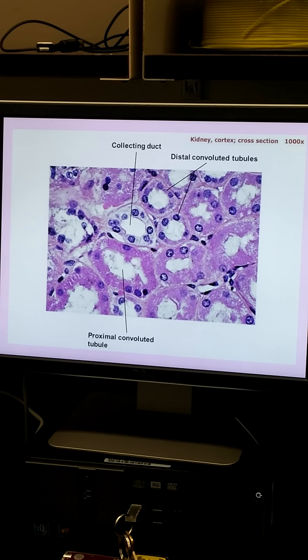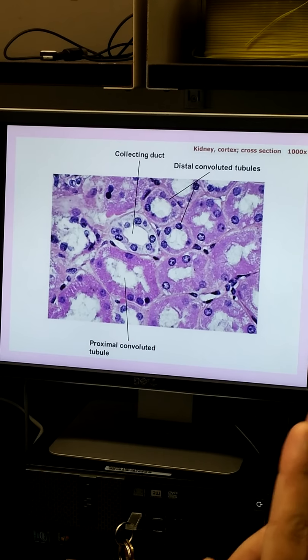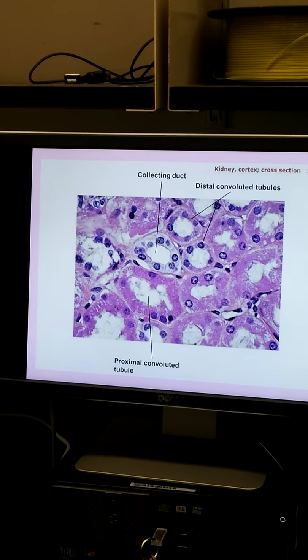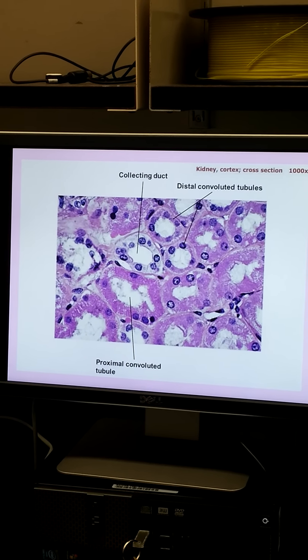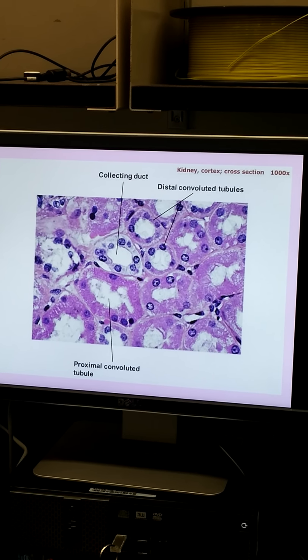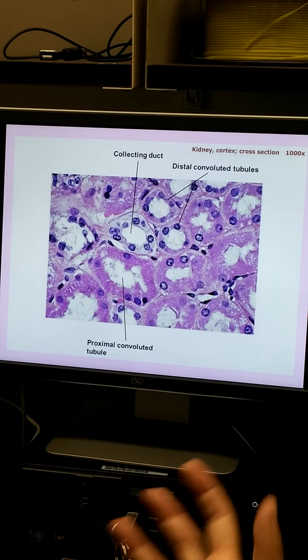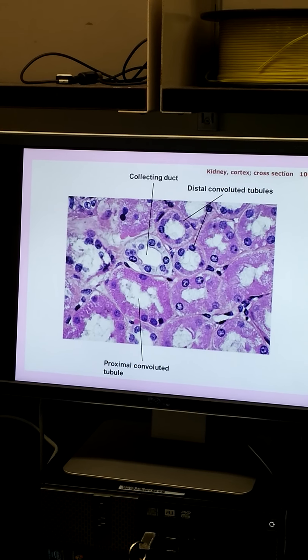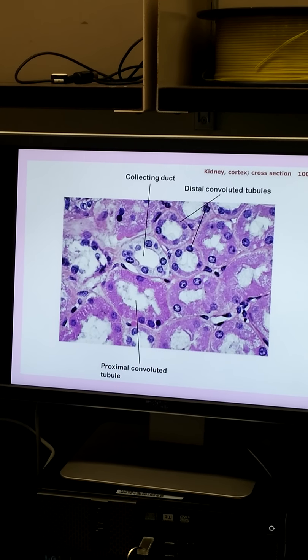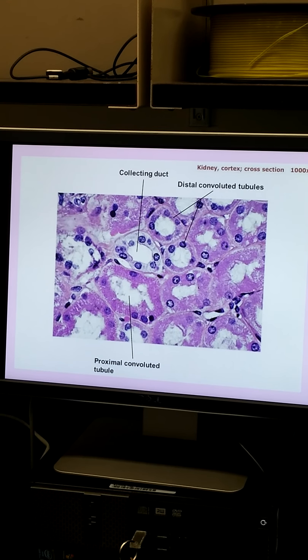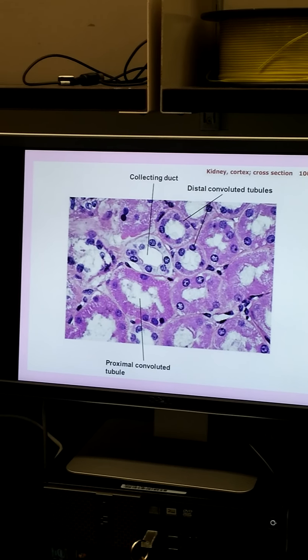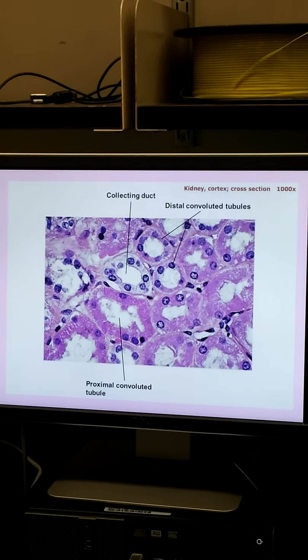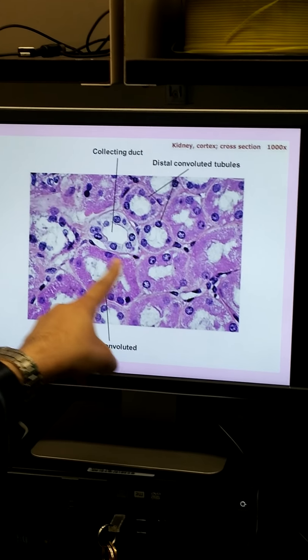In the simple cuboidal epithelium, you have two things which are high: microvilli and mitochondria. Why is that? Well, for secretion and reabsorption. The majority of the reabsorption takes place in the PCT, and you spend a lot of energy in those processes, which is why you have a lot of mitochondria in the cells of the PCT.